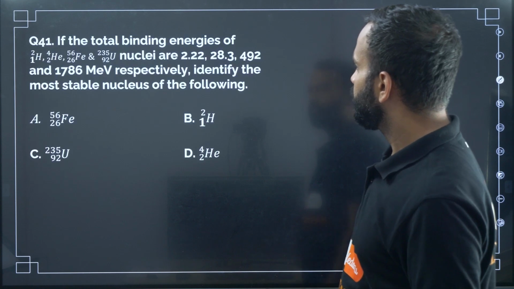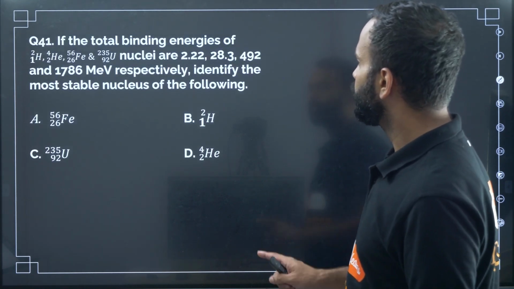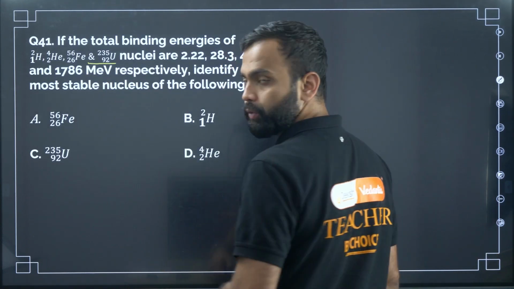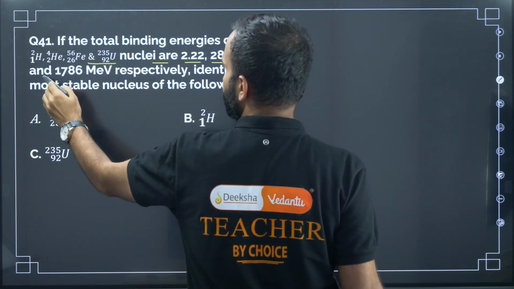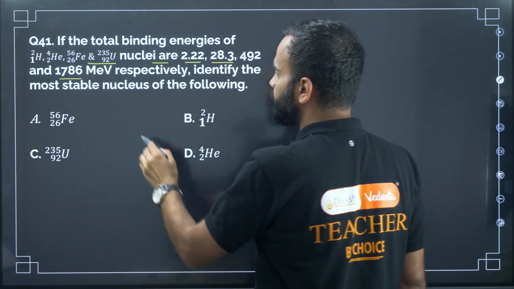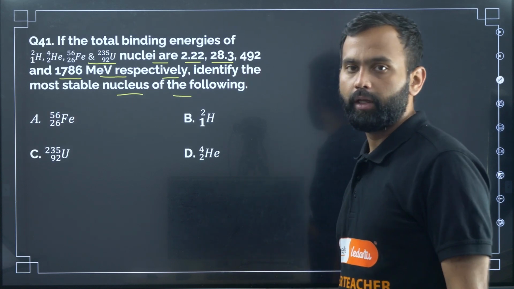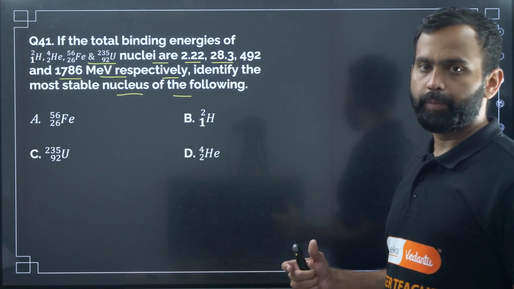Next question, question number 41. If the total binding energies of the deuterium, helium, iron, and uranium 235 are 2.22, 28.3, 492, and 1786 mega electron volt respectively, identify the most stable nucleus of the following. We know that stability of the nucleus depends on binding energy per nucleon.